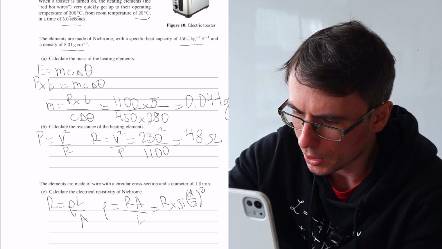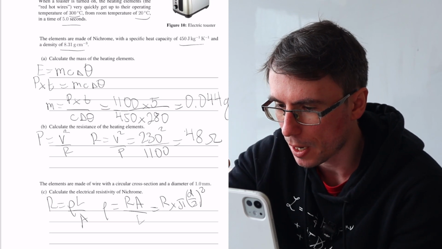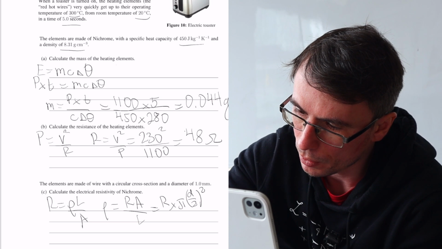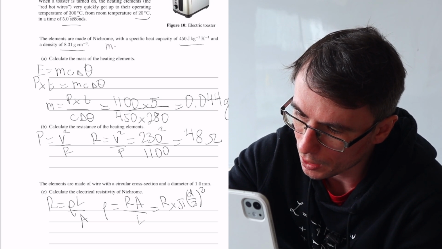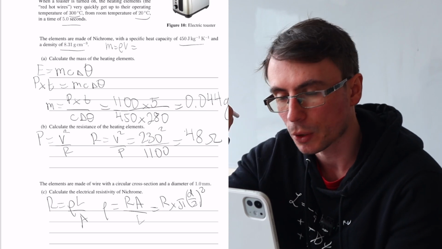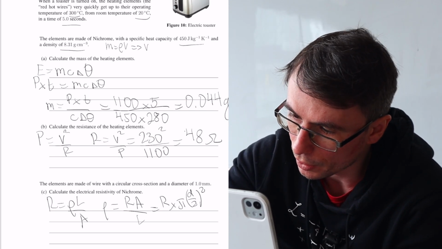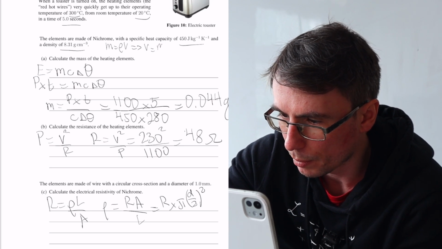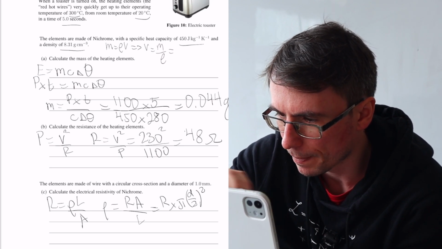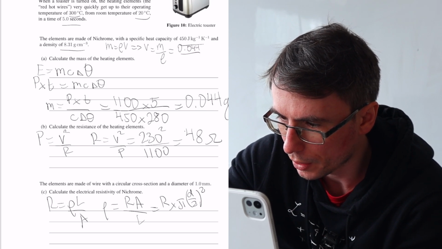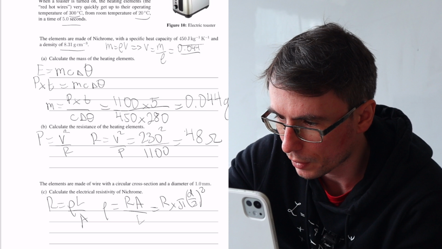I'm just going to calculate this over here. Because we're given the mass and we're given the density, we know that mass is density times volume, meaning that we can work out the volume, which is just going to be equal to mass over density. So what is that going to give me? 0.044 divided by 8.3.